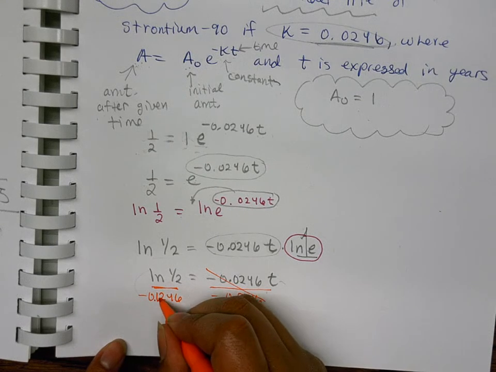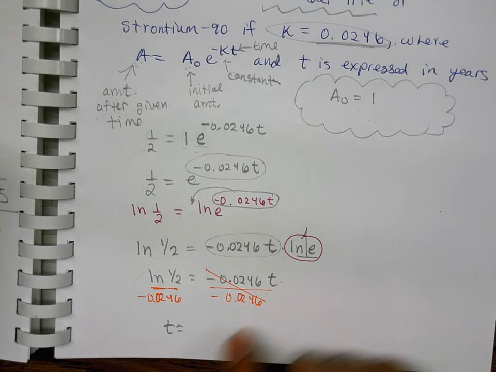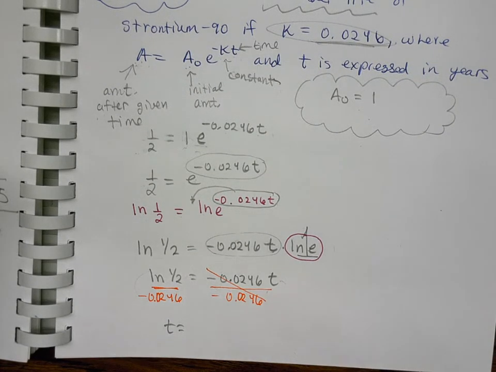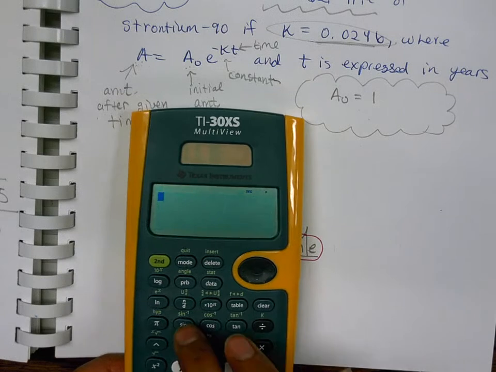Some of you probably caught it and were waiting for me to catch up, and I finally did. All right, I'm going to start over. So it didn't change any of our work. I just forgot to put a 0. I'm putting it back in. I'm going to plug it in now. Ln of 1/2 divided by negative 0.0246.